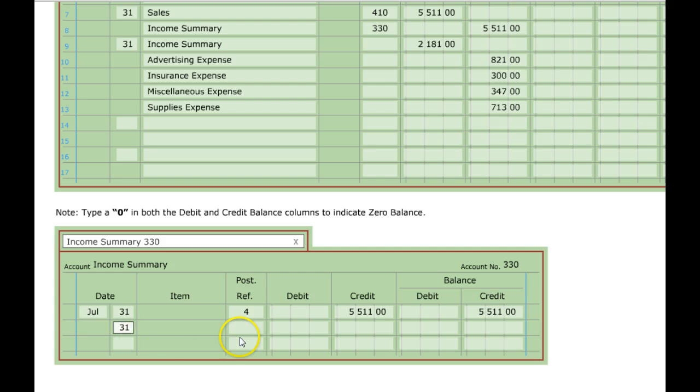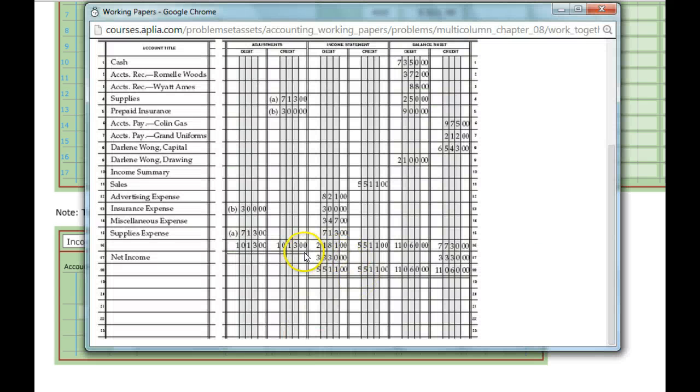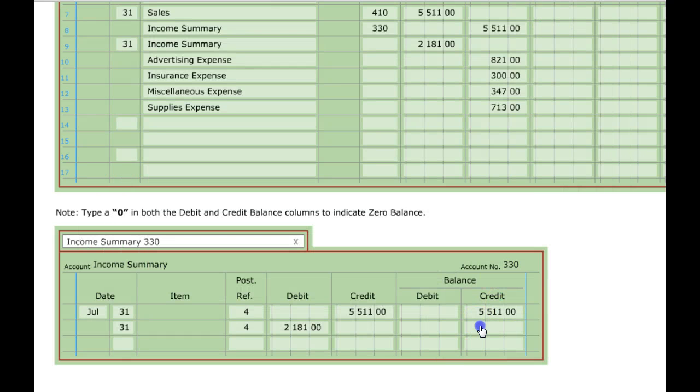We'll put down the 31st, we'll put down page 4, and this time we're going to debit 2,181. Now, without doing any math, I know that you could subtract these because opposites subtract. However, if you look on your worksheet, the net income, this 3,330, will be the same as the balance of income summary. So we'll put down 3,330.